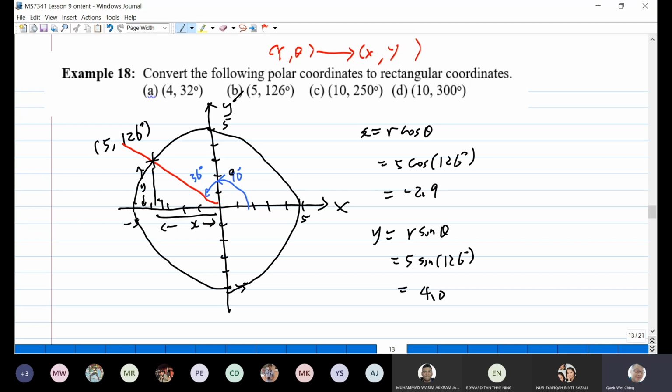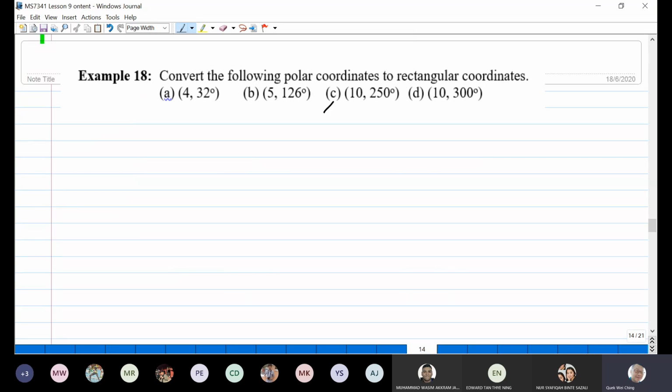Okay, let's look at part C. I have r equal to 10, theta equal to 250.